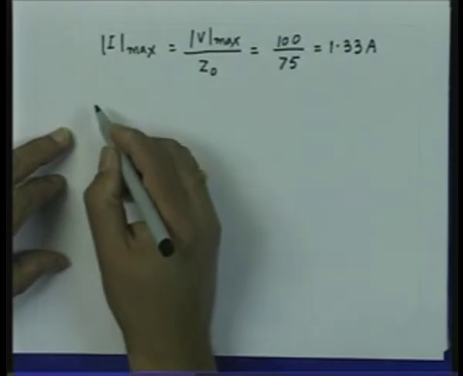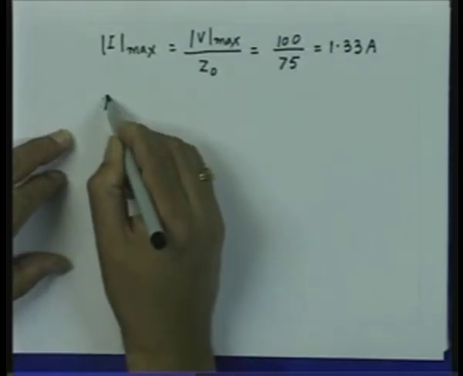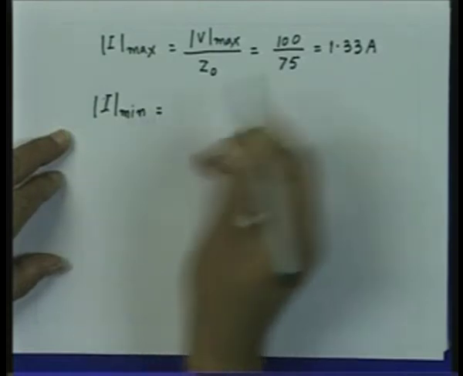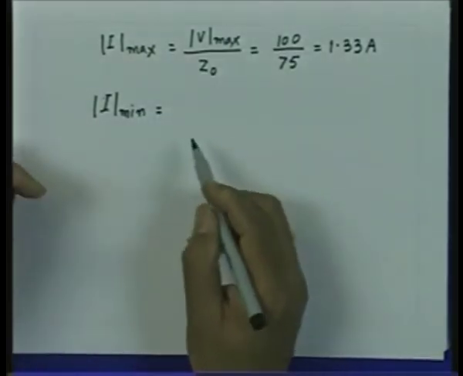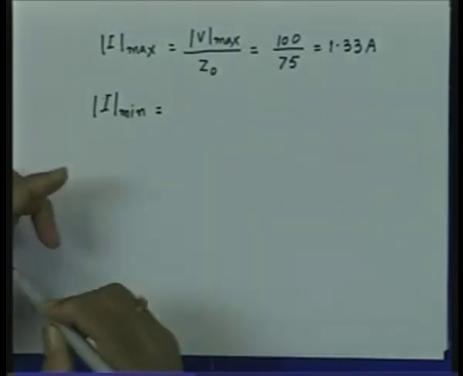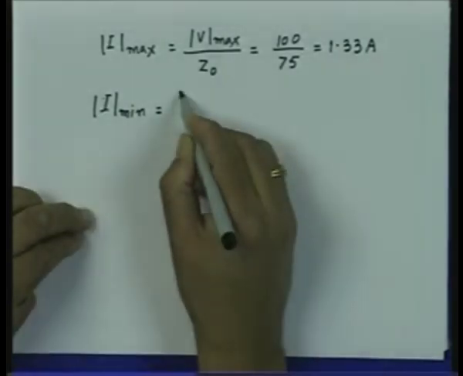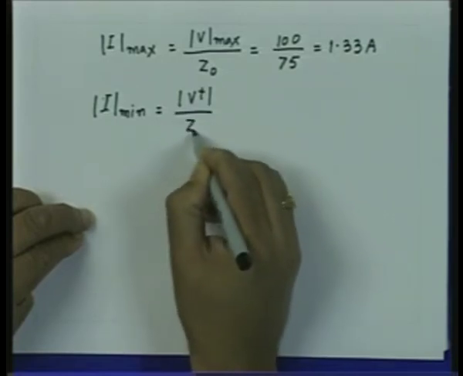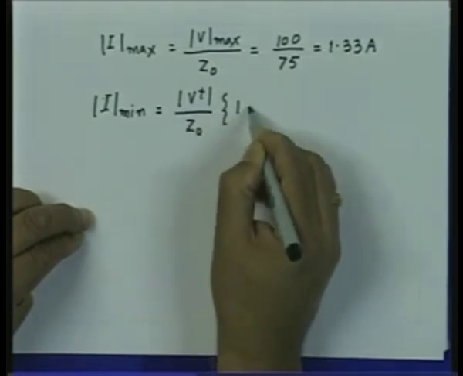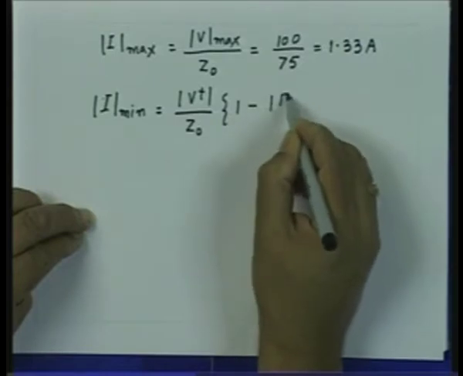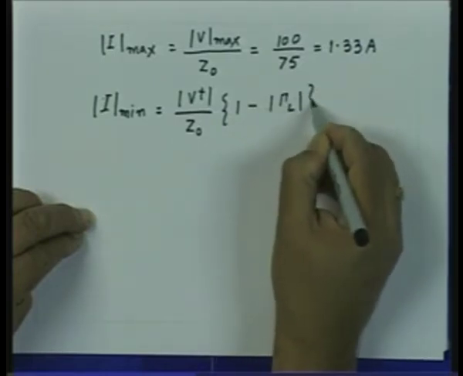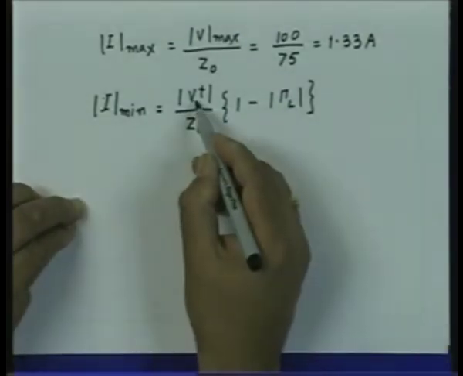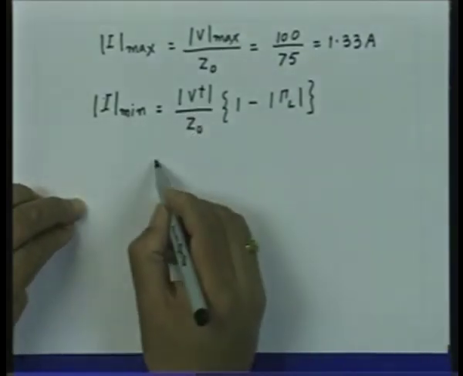The I minimum which we get on the line, if we go back to the expressions of the minimum and maximum currents, is mod V plus divided by Z0 into 1 minus mod gamma L. We know V plus is 60.8 and Z0 is 75 ohms.